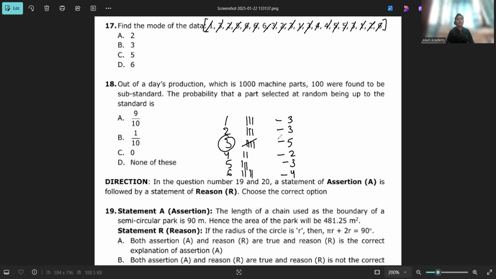So the observation with the maximum frequency of 5 is 3, hence the mode is 3, option number B.